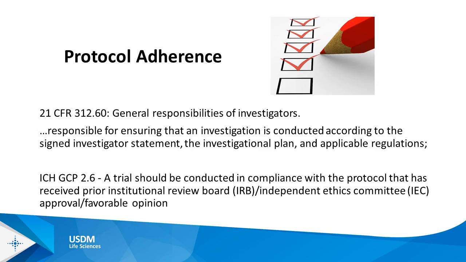Protocol adherence. Of course, general responsibilities of the investigator include ensuring that the investigation is conducted according to the signed investigator agreement, investigational plan, or applicable regulations. ICH GCP requires a trial should be conducted in compliance with the protocol that has received prior institutional review board or independent ethics committee approval or favorable opinion.